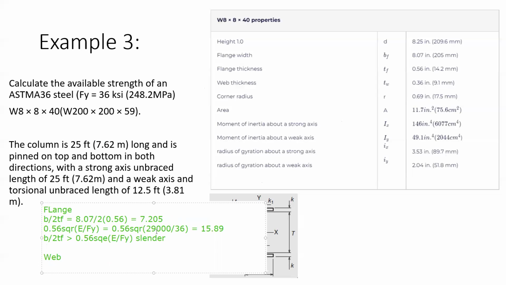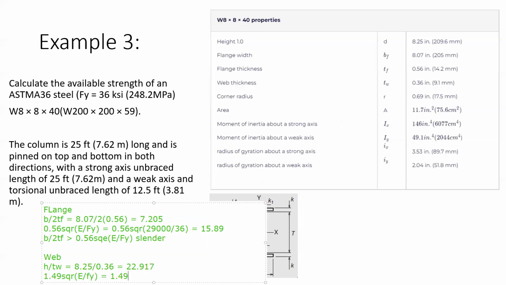So pag web naman, we have H over TW. Yung H natin is the height of our web depth, that is 8.25 over the thickness of the web, that is 0.36. Bali po 22.917. And let's check that against 1.49 times the square root of E over Fy.